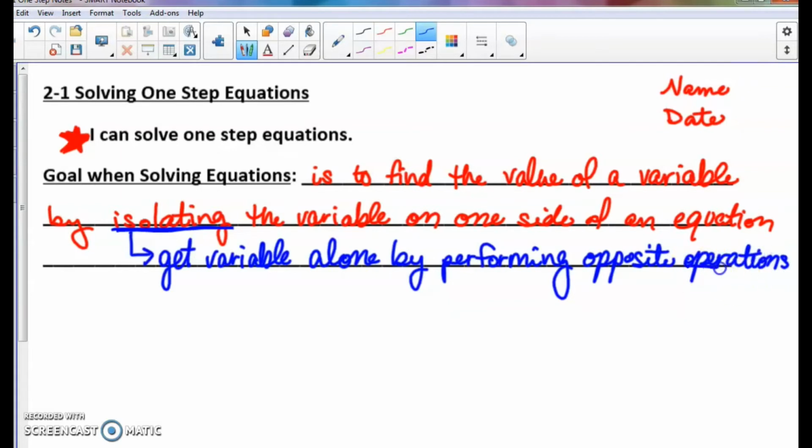Now we know from our order of operations is add, subtract, multiply, divide. So when we say we do the opposite operation, if it's being added, we're going to subtract. And if it's being multiplied, we're going to divide. So we're going to do the opposite operation to isolate our variables.